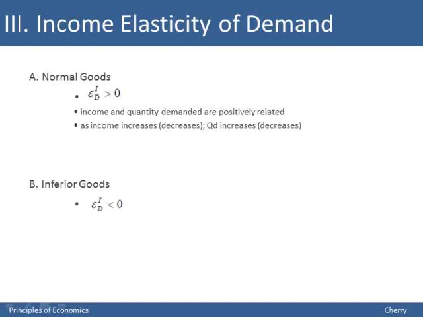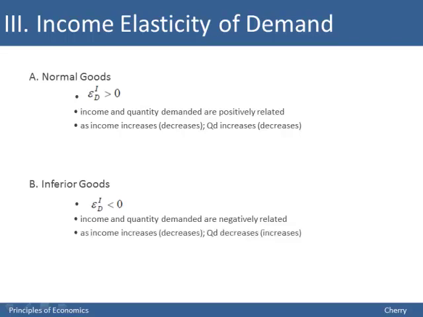Inferior goods, that's when income elasticity of demand is less than 0. Income and quantity demanded are negatively related. We talked about that before. That's the definition of an inferior good. But what income elasticity of demand is going to tell us is to what extent it is an inferior good. So the income elasticity of demand allows us to quantify this concept of normal and inferior goods.